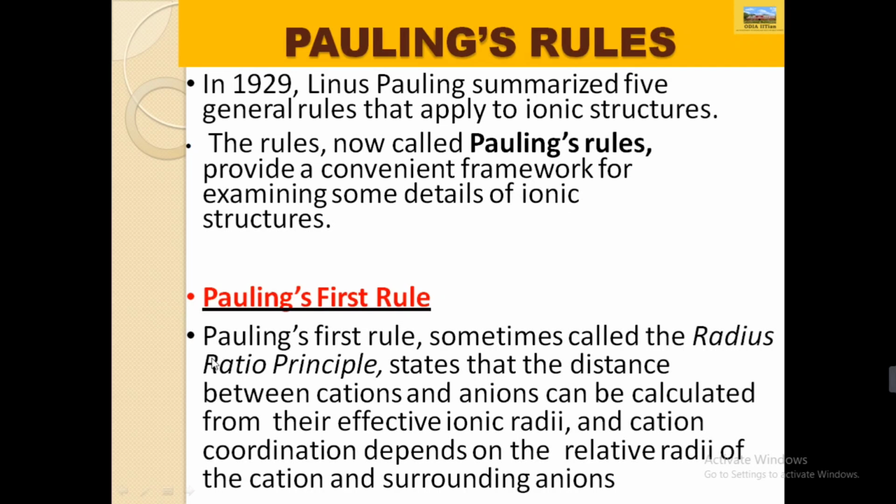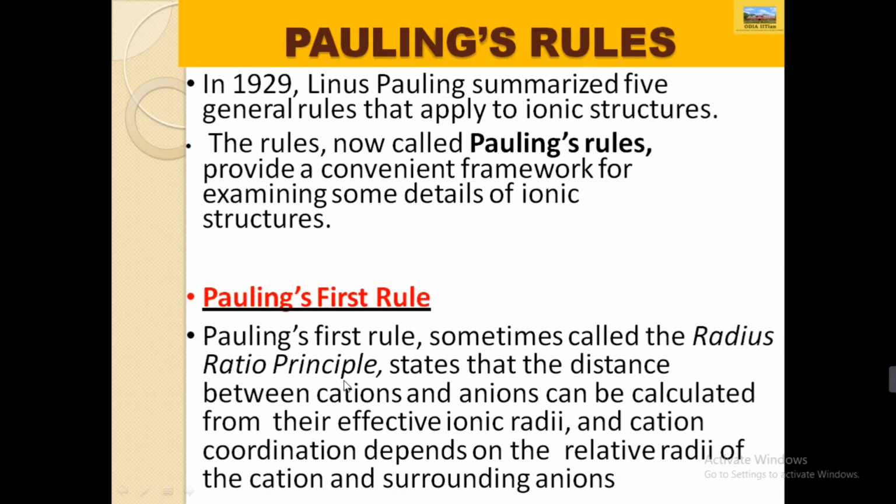Now, Pauling's first rule, sometimes called the radius ratio principle. This law states that the distance between cation and anion can be calculated from their effective ionic radii, and cation coordination depends on the relative radius of the cation and the surrounding anions.